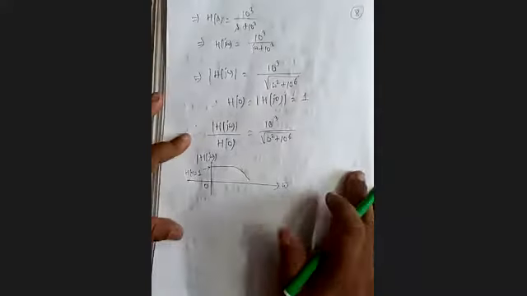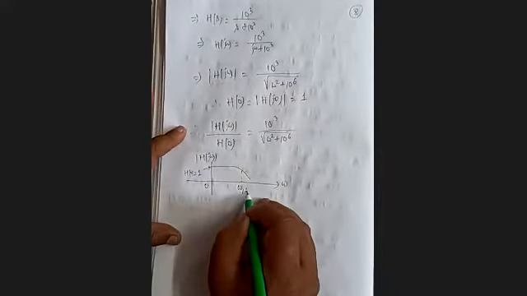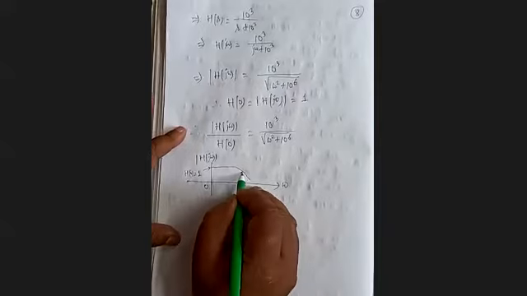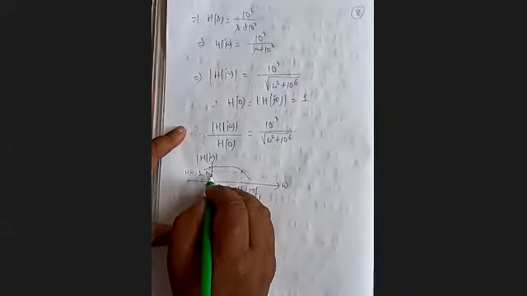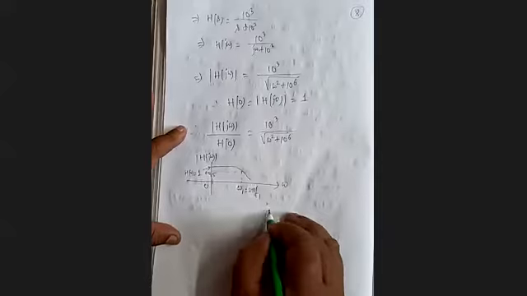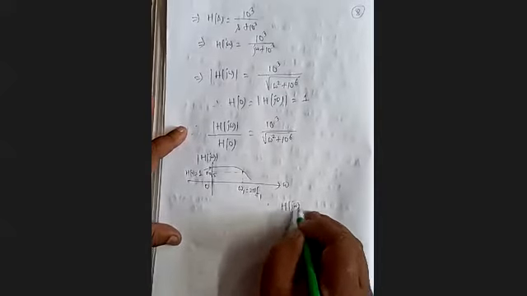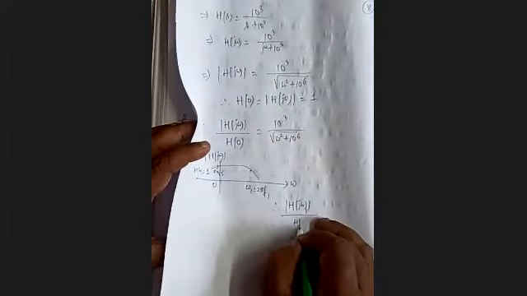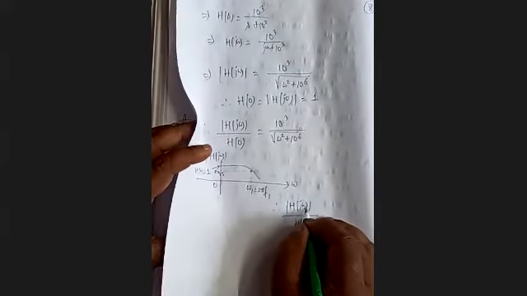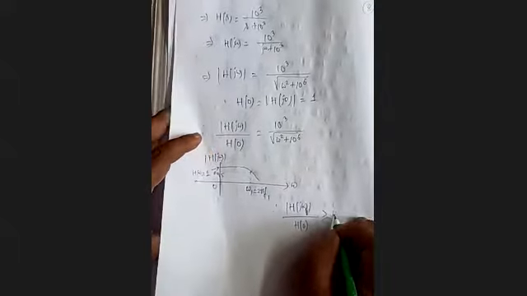So it means we are getting some ω1 equal to 2π into F1, where the gain of the filter is 0.95. So we can write that mod of H(ω1) by H0 is greater than or equal to 0.95.